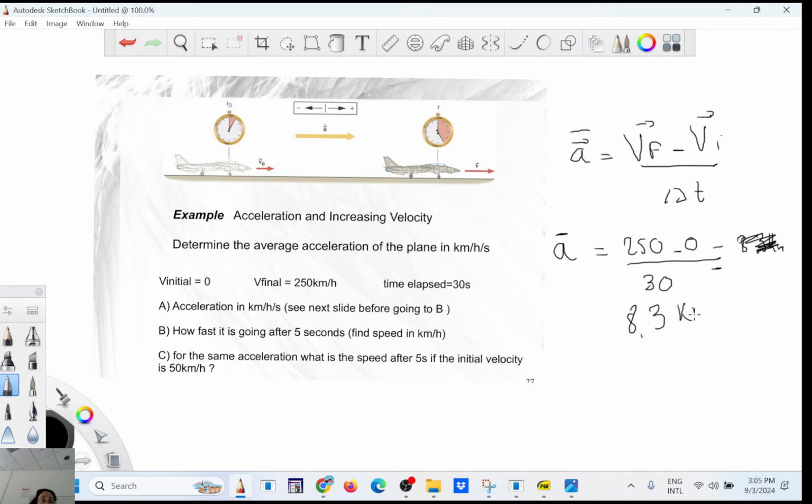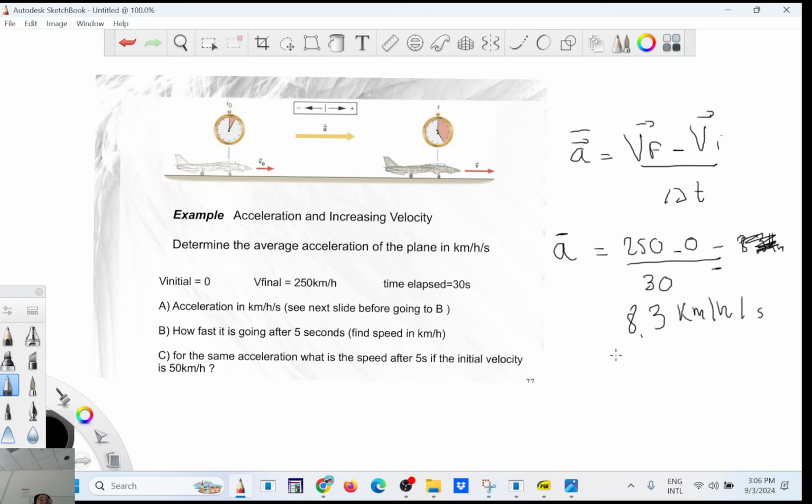8.33 kilometers per hour per second. What does it mean? It means at t equals 0, the airplane is not moving. After 1 second, what's going to be the speed? 8, right? Exactly, 8 kilometers per hour.